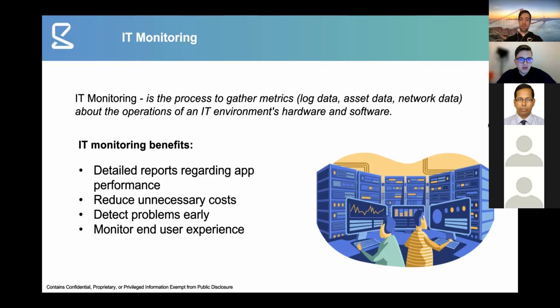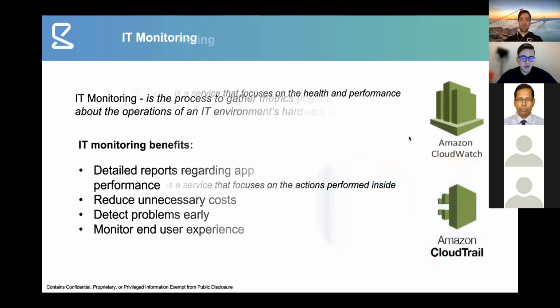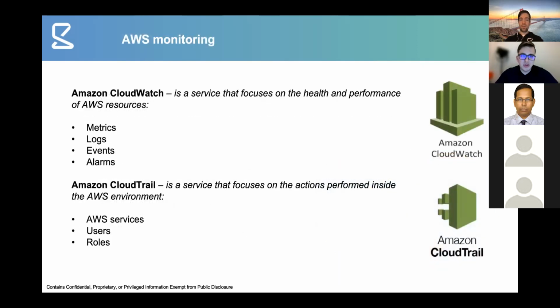Now let's look at what AWS provides us as monitoring services. Mainly on AWS, there are two services that are used for monitoring. The first one is AWS CloudWatch, which is a service that focuses on the health and performance of the AWS resources. Basically, on AWS CloudWatch, we can find metrics from our workloads and logs from applications.